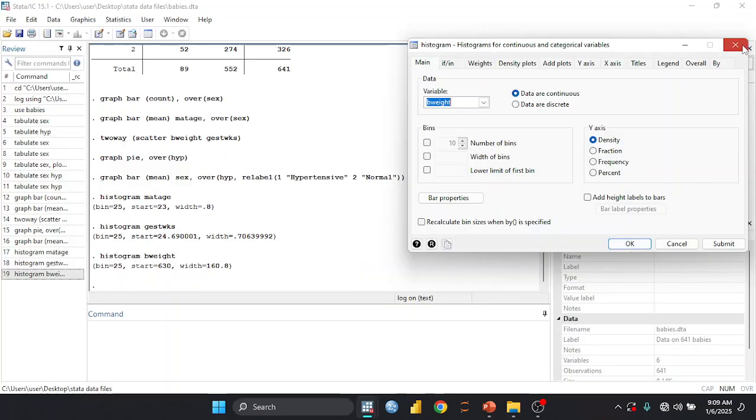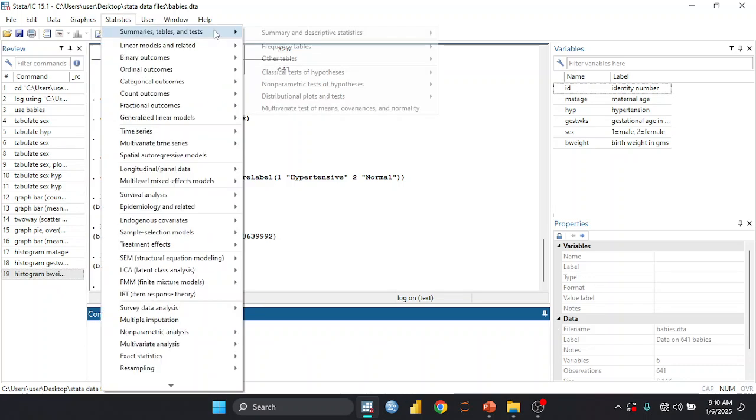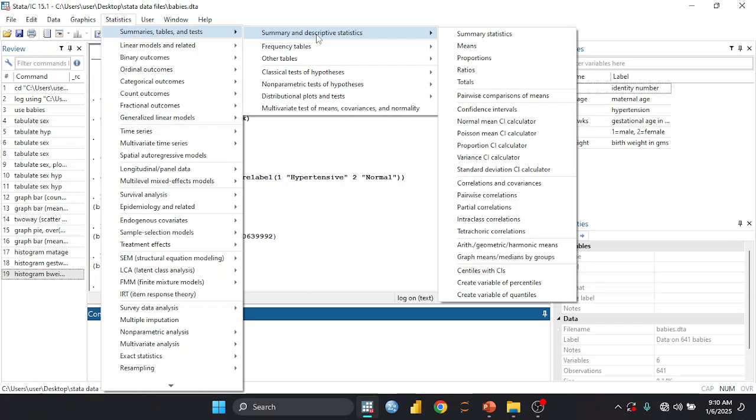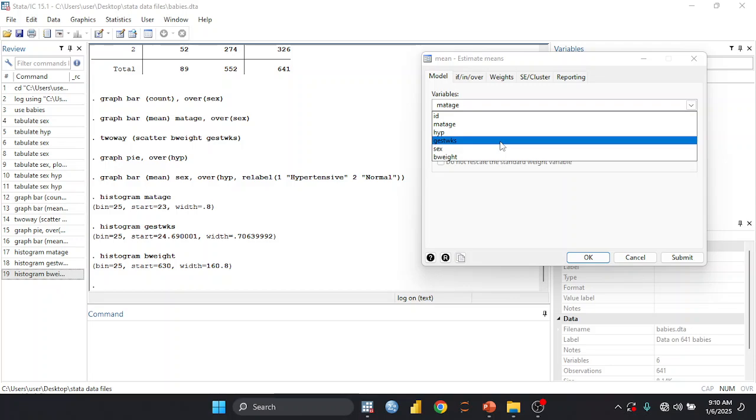Now for the first t-test, this is birth weight. Let's see, mean. Okay, statistics, summary tables and tests, summaries and descriptives. Let's see, means of max age, gestational weeks, and birth weights.